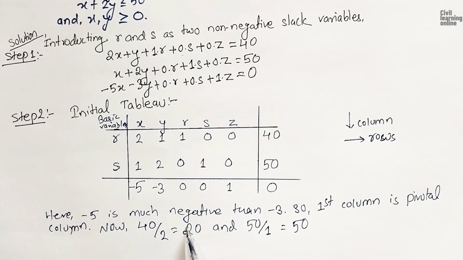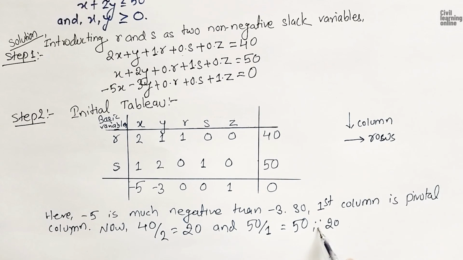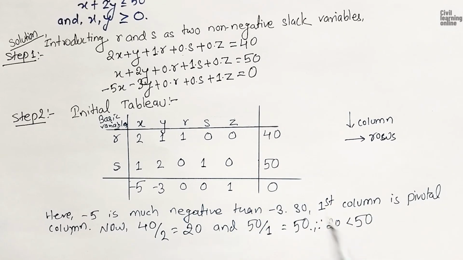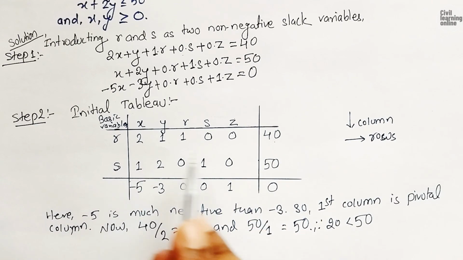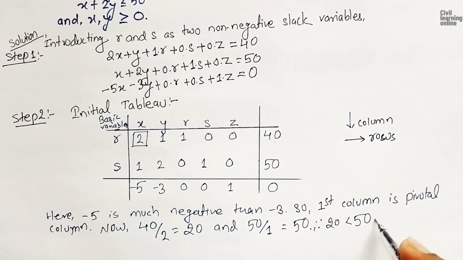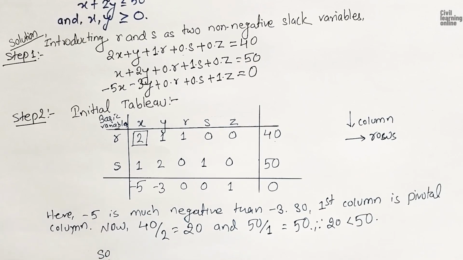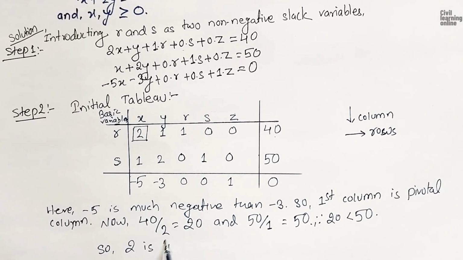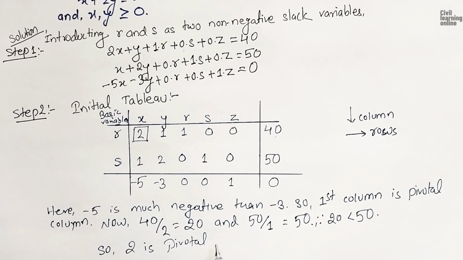Which one is least? 20, since 20 is less than 50. And how did we get 20? We divided 40 by 2, so we got 20. So our 2 is the pivotal element. So I am going to write here, 2 is the pivotal element.